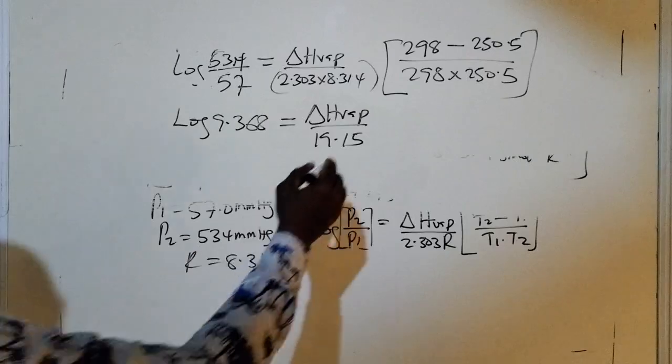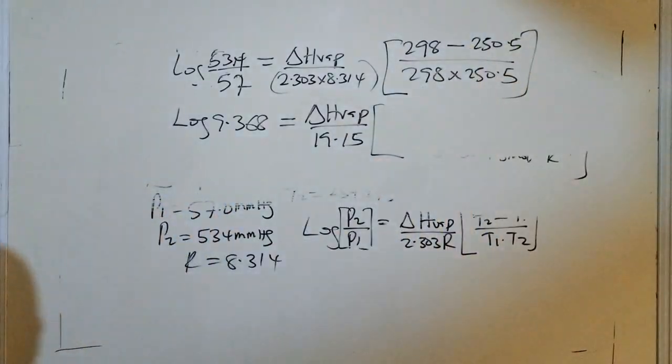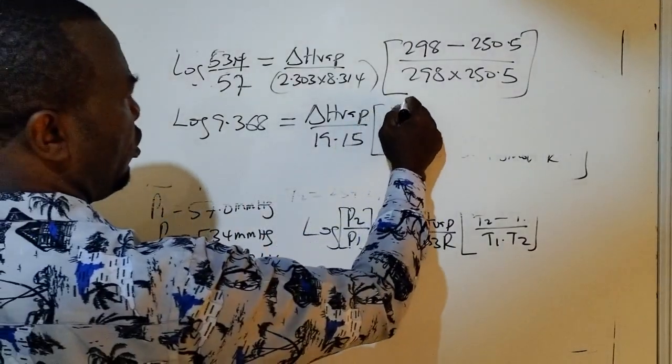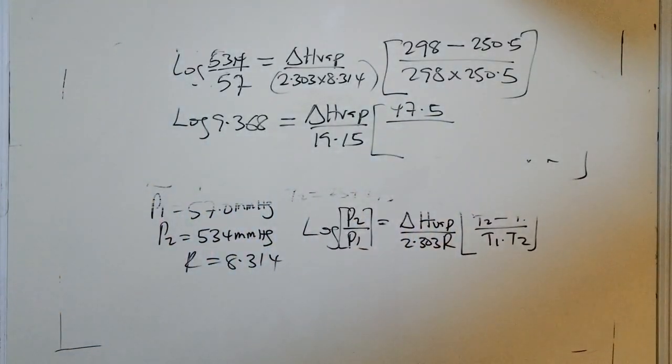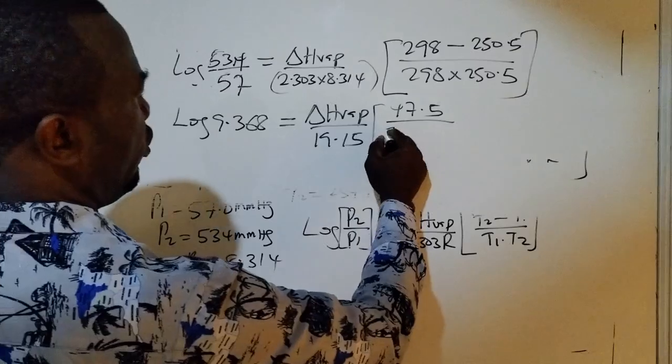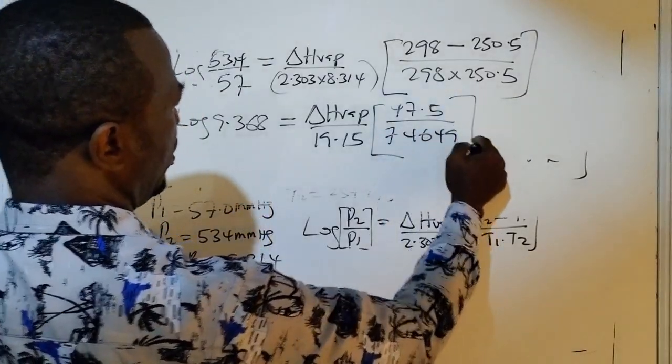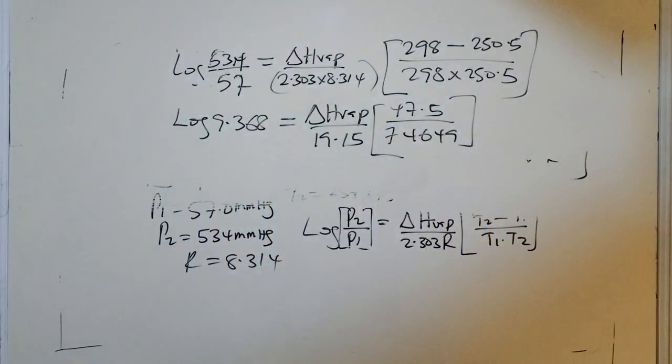Then we go to this side, subtract the numerator, 298 minus 250.5, we get 47.5, all over, multiply the denominator, we're going to have 74649, in closing bracket. So having done that, what we'll now do is find the log of 9.368. That gives us 0.9716.